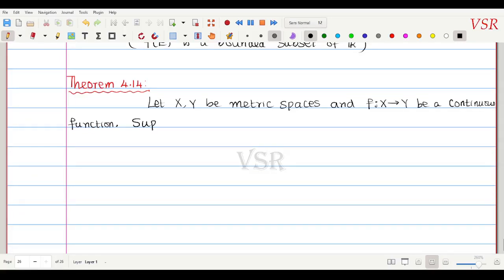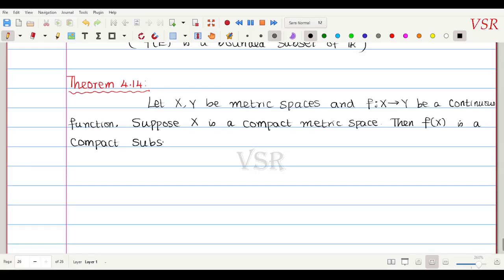Suppose capital X is a compact metric space. It's a compact set. Then f of X is a compact subset of Y, a compact set.